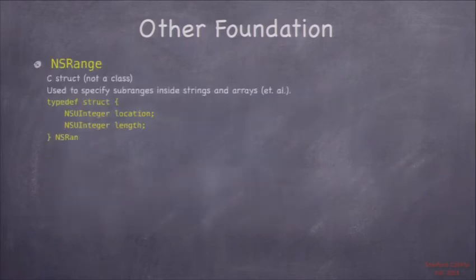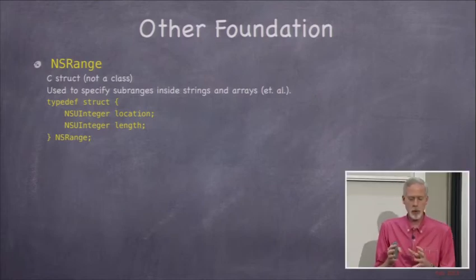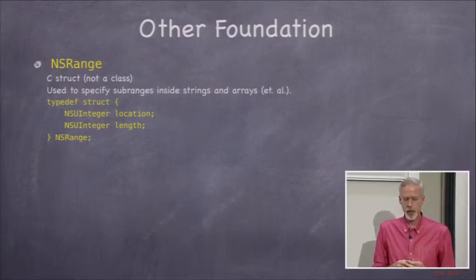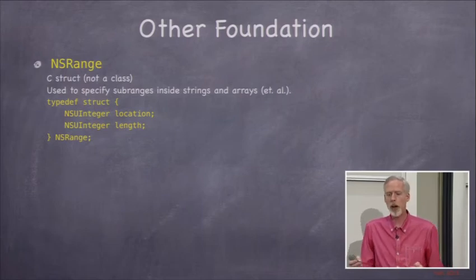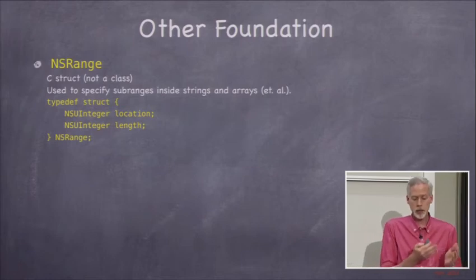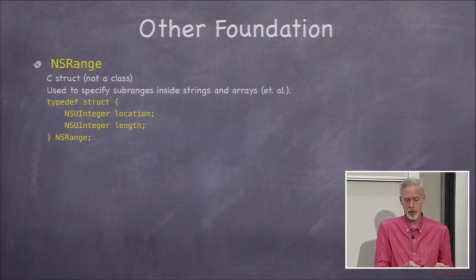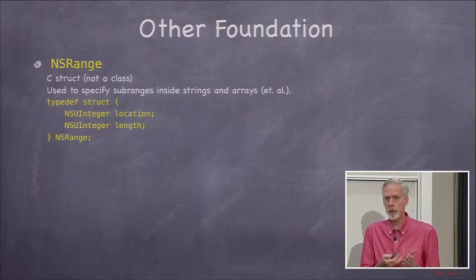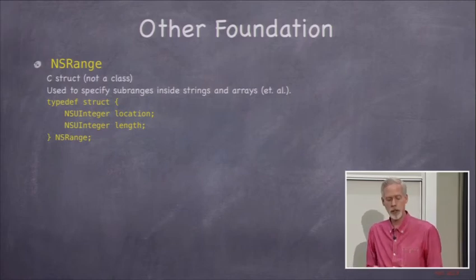The last thing I'm going to talk about that's in the core part of Foundation is NSRange, which is just a C struct. It's exactly what you think. It describes a range. This might be a range in a string, or it could be a range in an array. It's basically a starting location, that's an NSUInteger location, and a length, how many characters or how many items in the array.